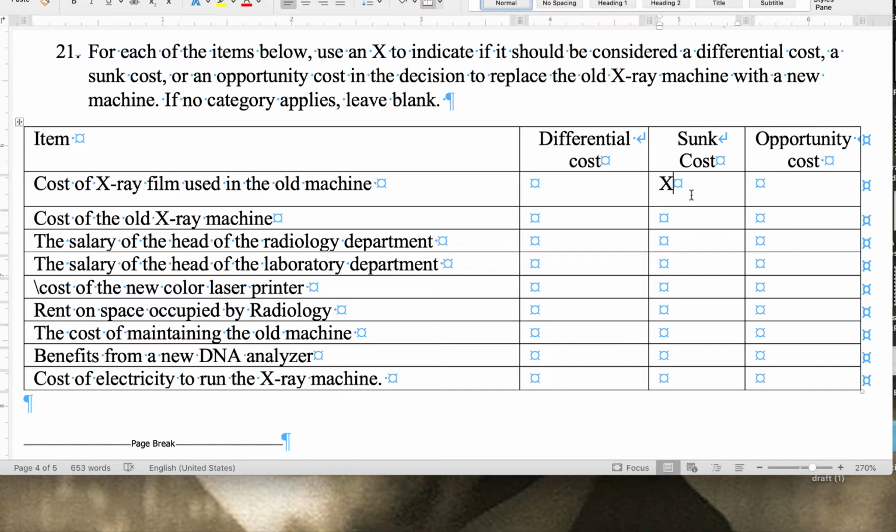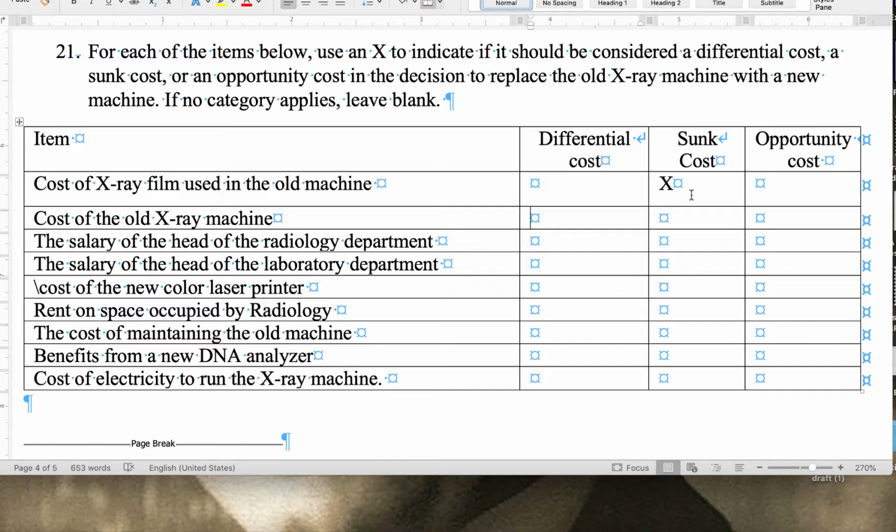Now let's look at the second one. Cost of the old x-ray machine. Okay. Again, we have a choice to make. Do we keep this old x-ray machine, or do we buy a new one?